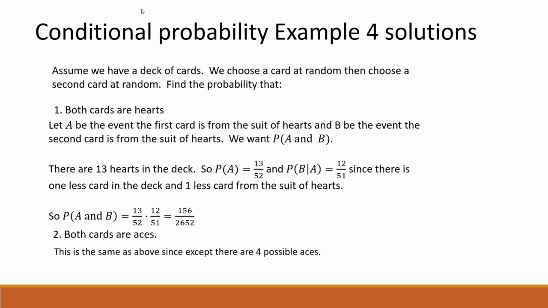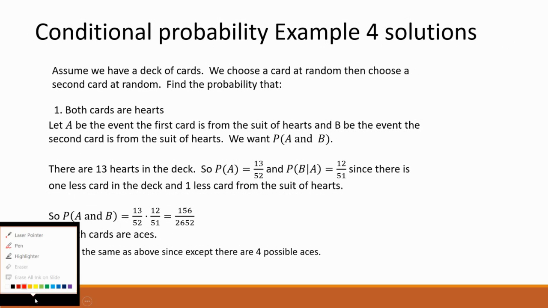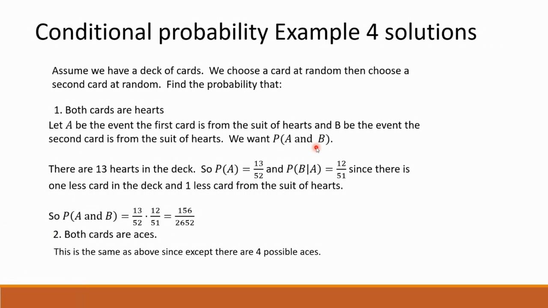Remember, there are 13 hearts in the deck, 13 cards per suit. And we want the probability of both events, A and B, occurring. That's what we're looking for.